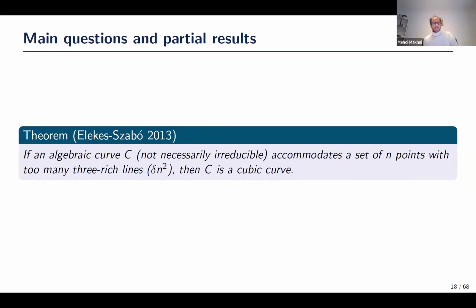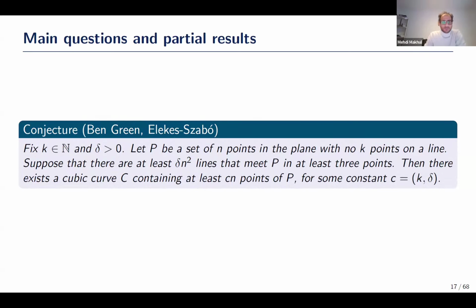So there is some evidence that confirms this conjecture. I have to say that this conjecture, even if we replace this delta n squared by 10 points, this cn by 10 points, is still a very difficult conjecture to prove.